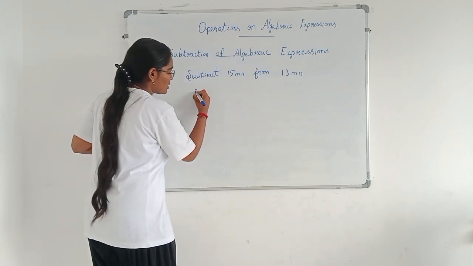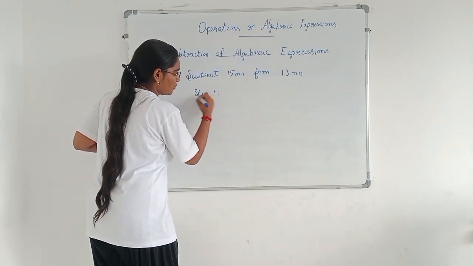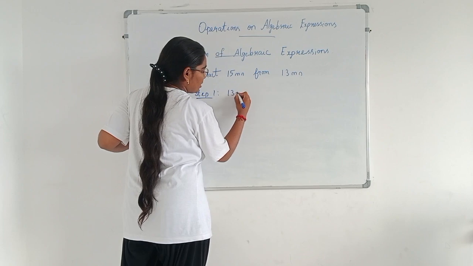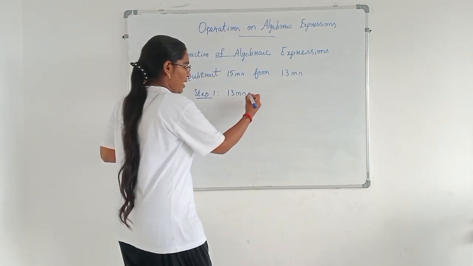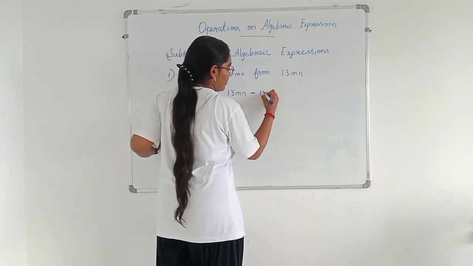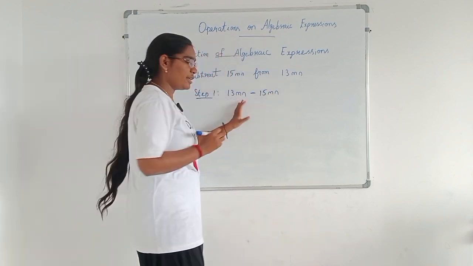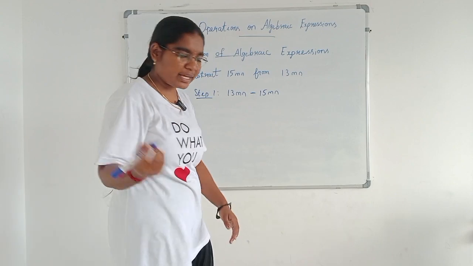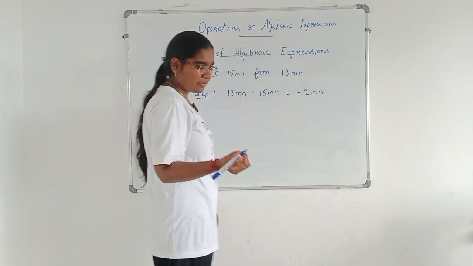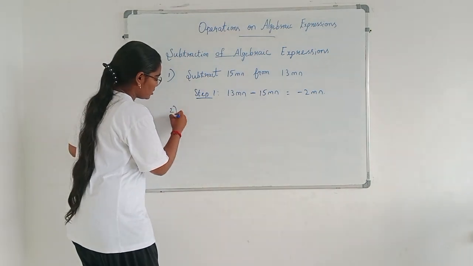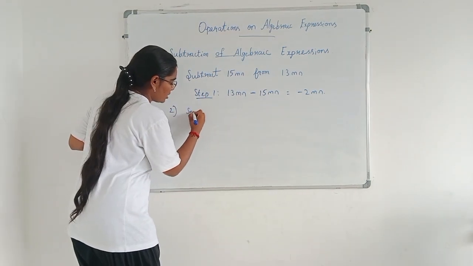So in step 1 you have to write this 13mn. Next, here the sign is subtraction, so minus 15mn. So 13mn minus 15mn, what will you get? Minus 2mn.